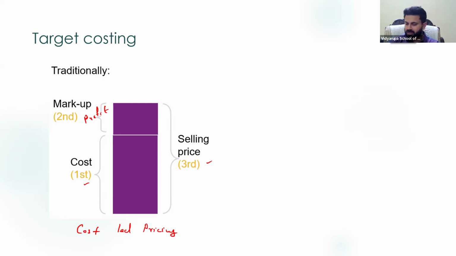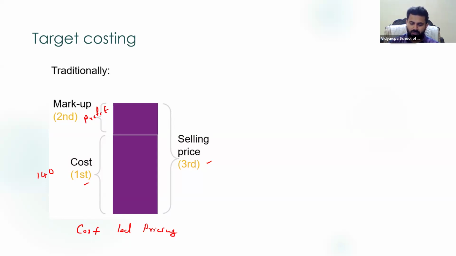Nothing shocking in there. To give you an example, let's say the cost of a product is, example sake, not 200, let's say 140. Cost is 140, and the company is looking for a 30% markup.